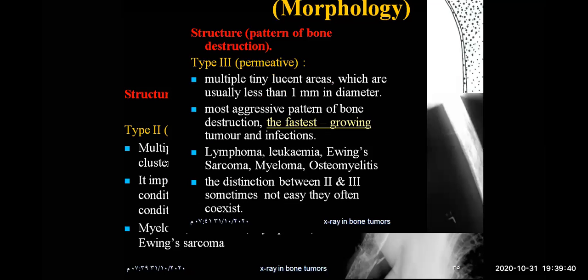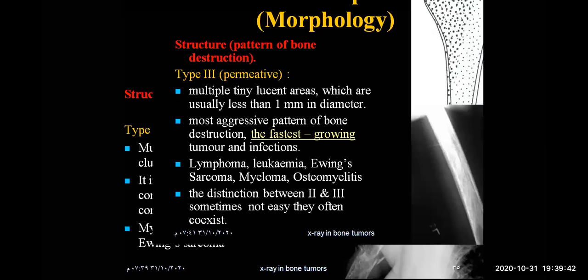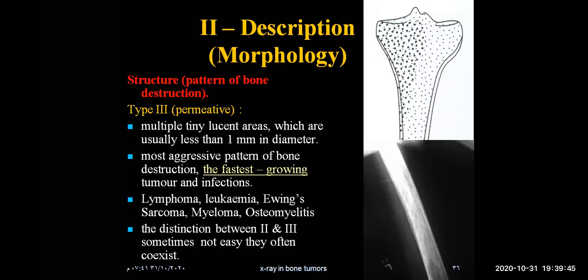The third type is the permeative. Also multiple tiny lucent areas, usually less than 1 millimeter in diameter. This is the difference: less than 1 millimeter, whereas moth-eaten type 2 is more than 1 millimeter. As you can see, it is just descriptive, and it is very hard in the X-ray to differentiate between the two, because sometimes you find both in the same bone.